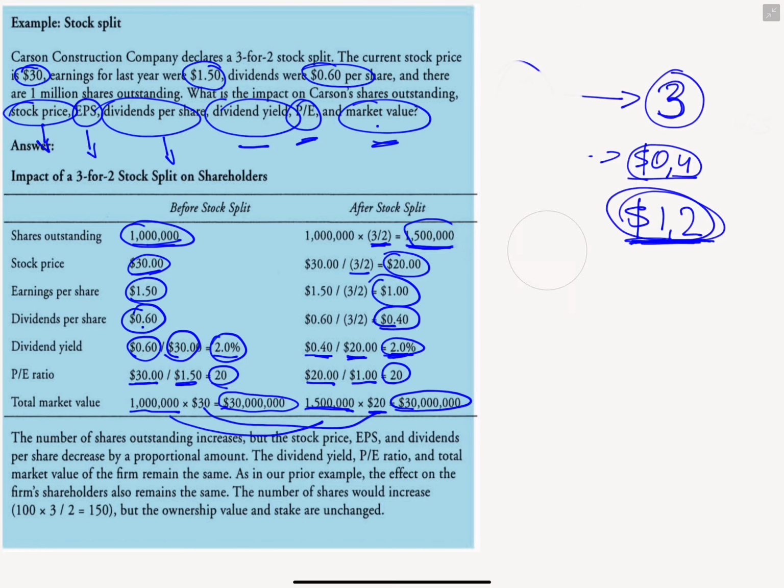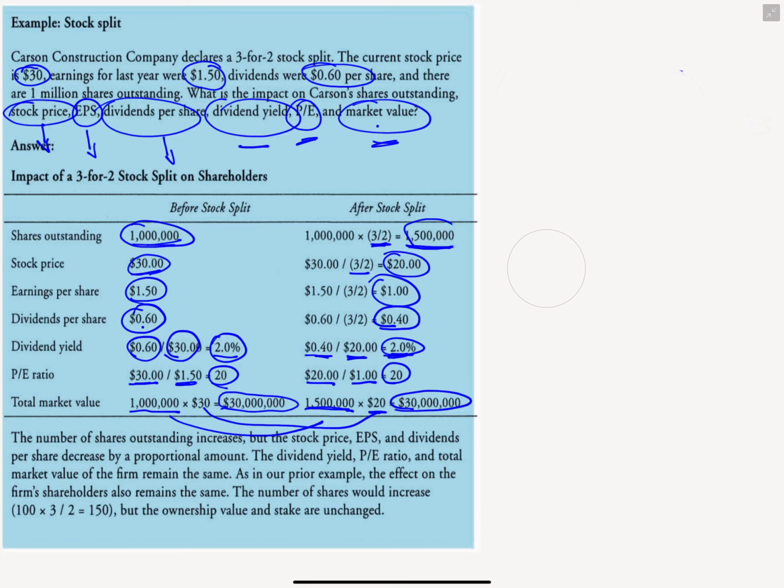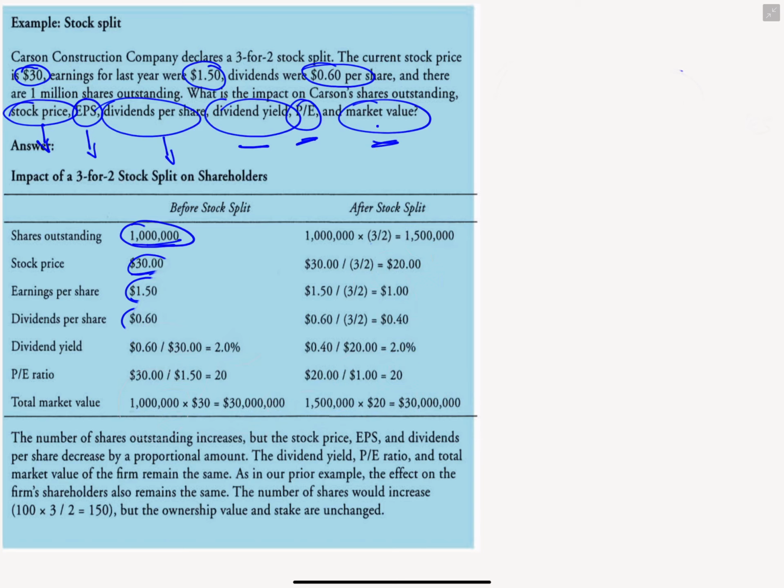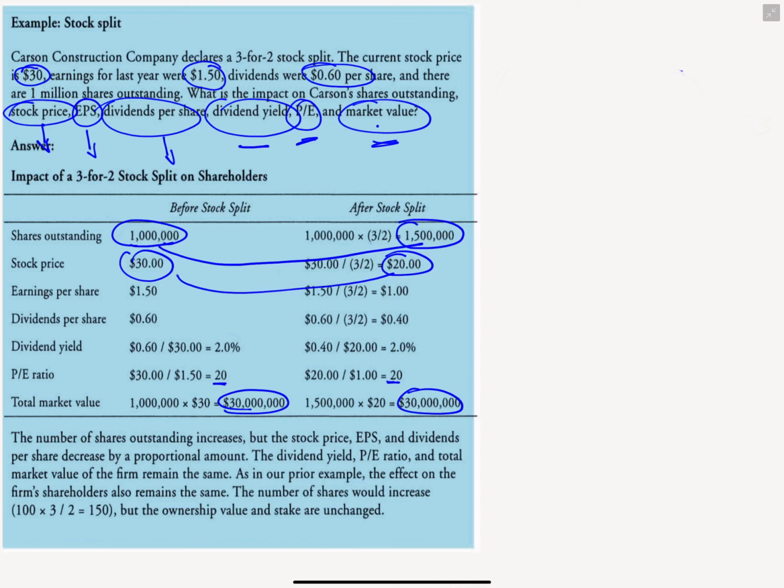All in all, friends, by these two examples of stock split and stock dividend, I want to accentuate the fact that the number of shares outstanding will increase, price will decrease, and the earning per share will change, but price earning ratio or the total market value will not change, like dividend yield will not change.